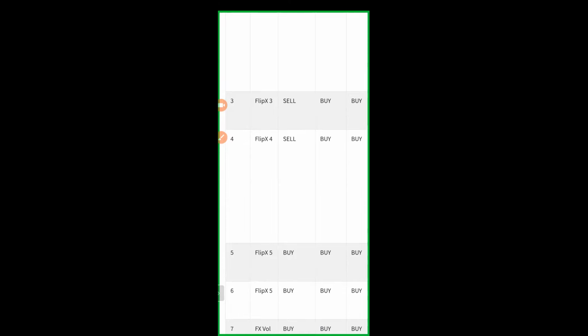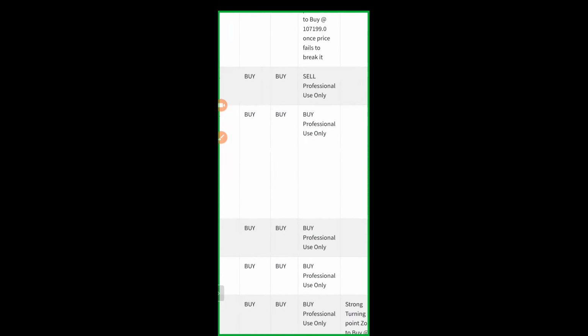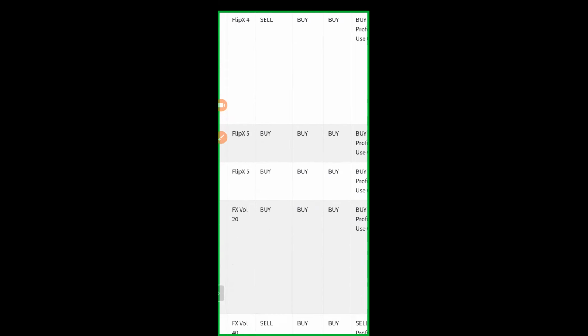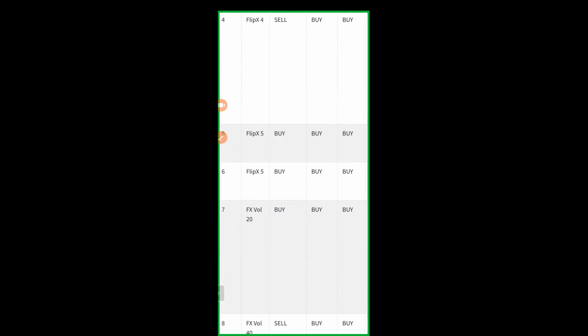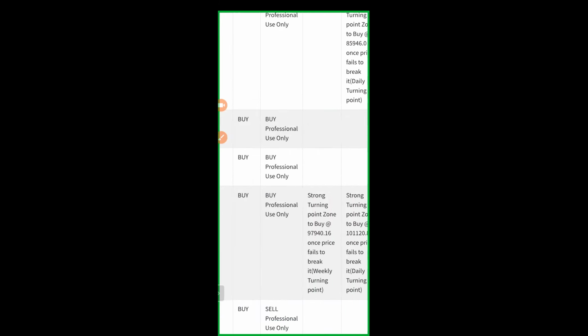Look at flip five: weekly buy, daily buy, midday buy. I love this one. I will now go and check my key levels and fire in. Look at this one, vol 20: buy, buy, buy. All are buy. If you go and check now, you see that the market is massively pumping.